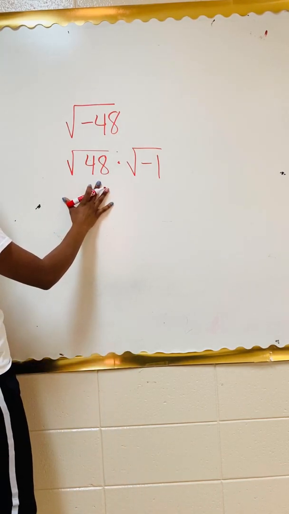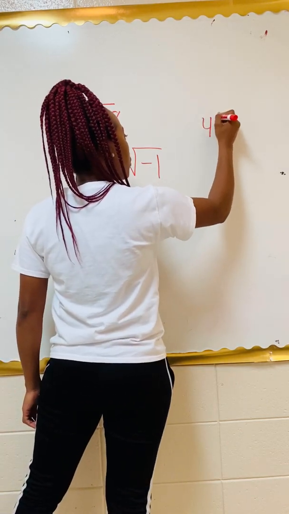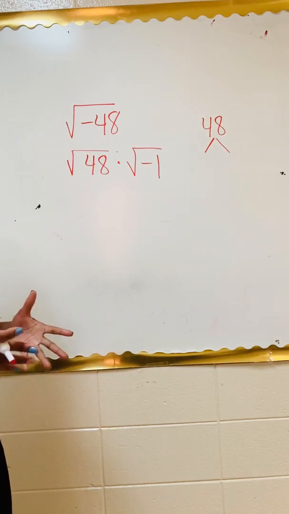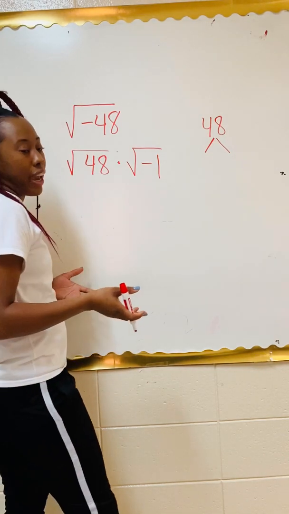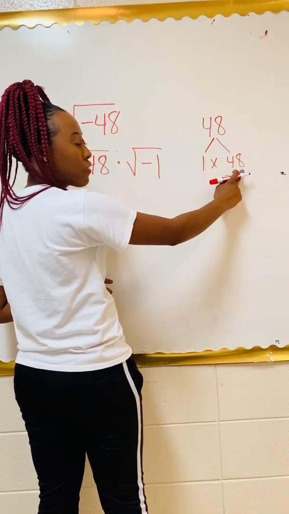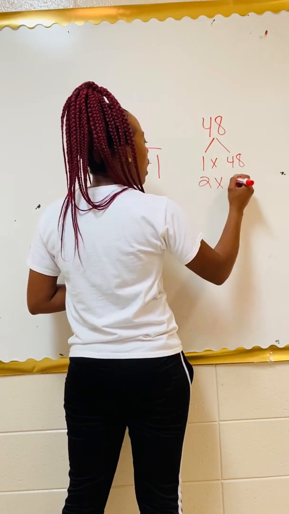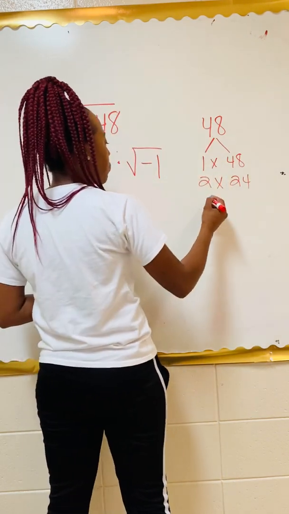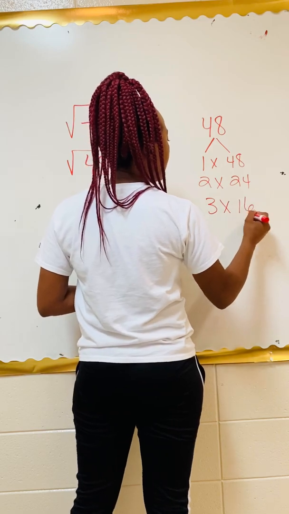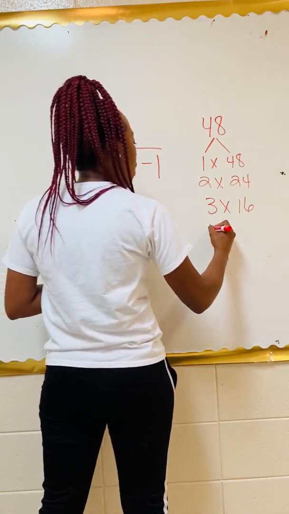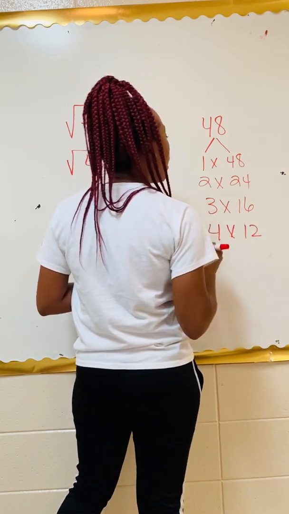All right, so before you do this, guys, like I told you in class, you want to come over here to the right or to the left and list the factors of 48. We know 1 times 48 equals 48, so 1 and 48 are factors. 2 times 24 gives you 48. 3 times 16 is 48. 4 times 12 is 48.